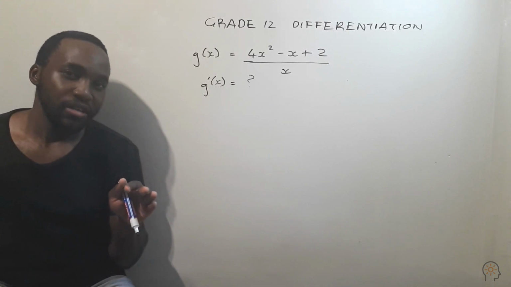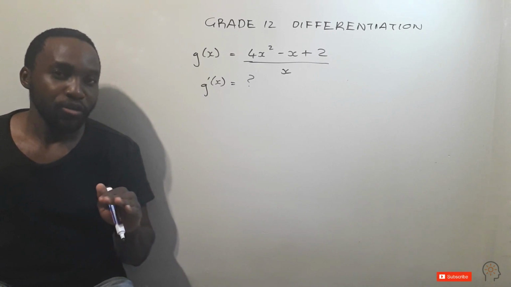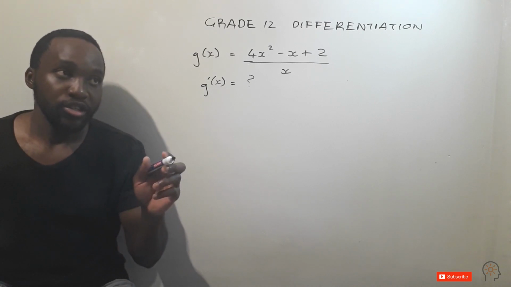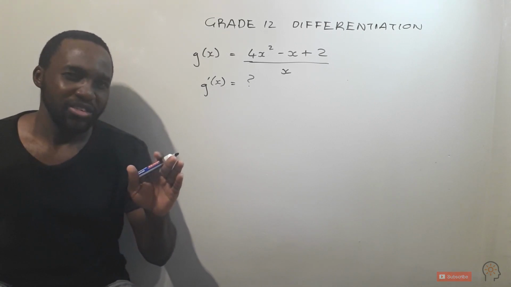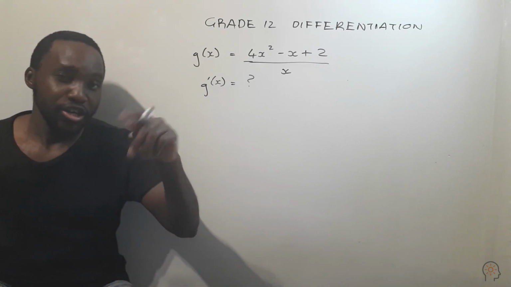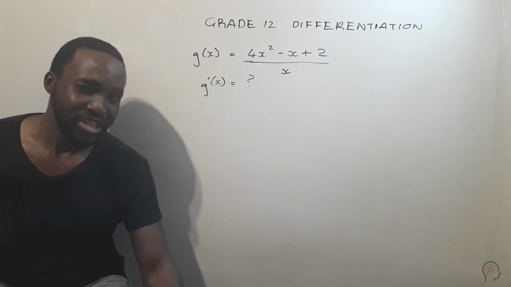So a lot of that stuff, you're going to bump into online. However, for grade 12, try to use your textbook when you work on differentiation, because there is a lot of other stuff outside of it that you don't need to learn.